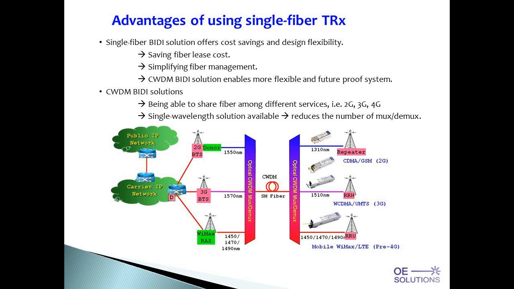And one additional advantage is that operators can use the same wavelength parts for each link, so there is no need for two different parts for one link. This can cut down significantly on inventory. Also, the technician doesn't have any chance of making a mistake by inserting the wrong transceiver in the port.